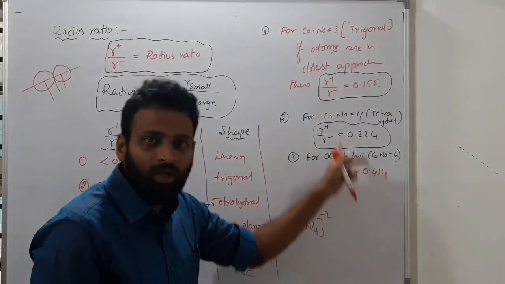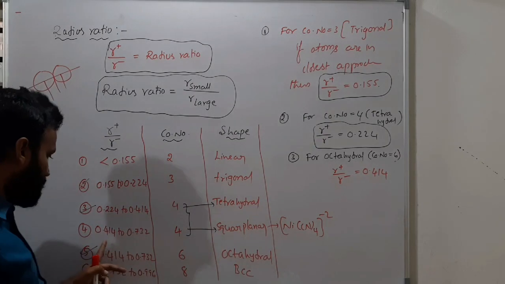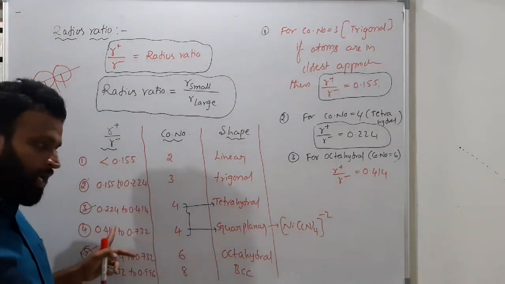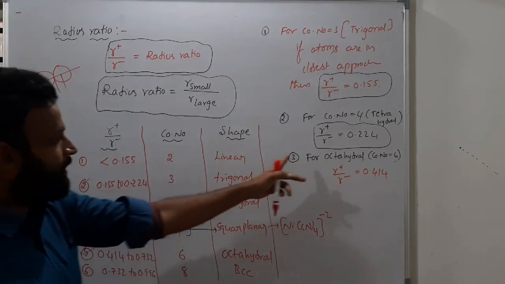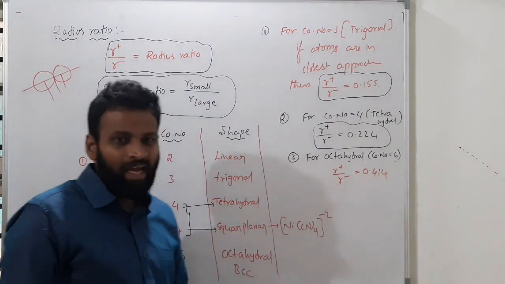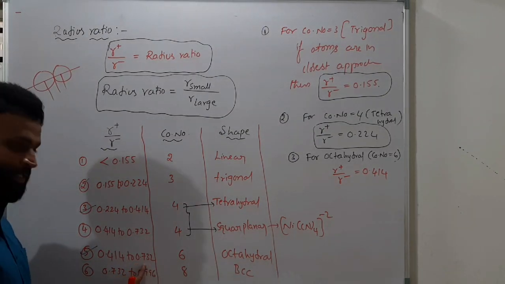For coordination number 4 square planar closest approach, r plus by r minus you have to consider 0.414. For octahedral also same, closest approach means 0.414. Highest or maximum distance means 0.732.